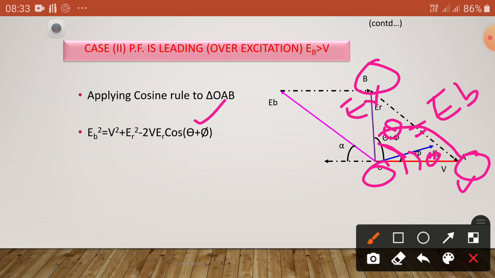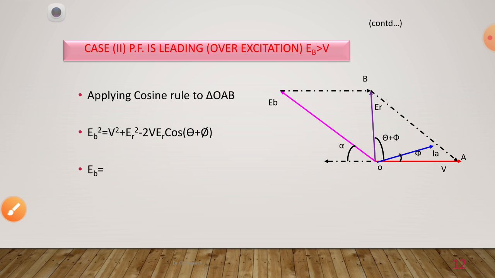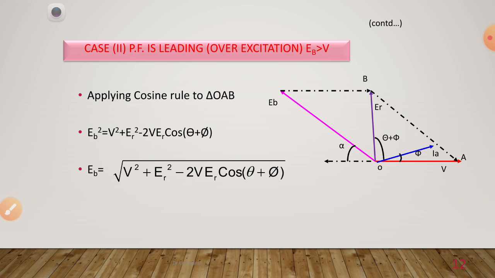That is the difference: in the previous case it was theta minus phi, in this case theta plus phi. The remaining is the same. So EB is equal to the square root of all this.